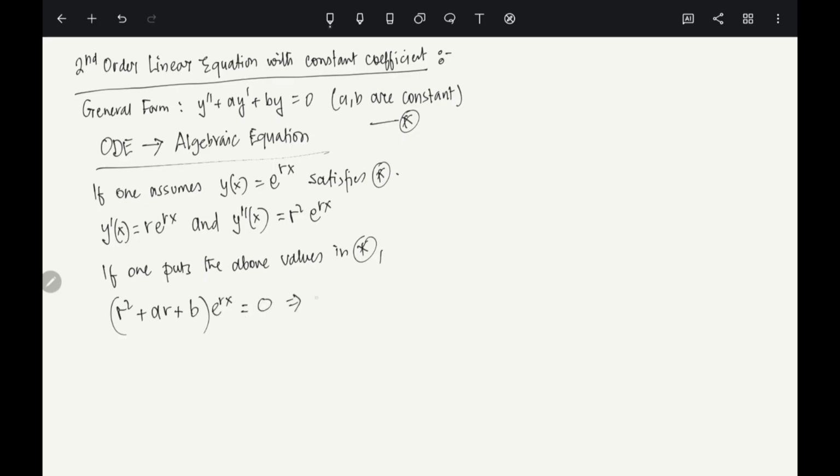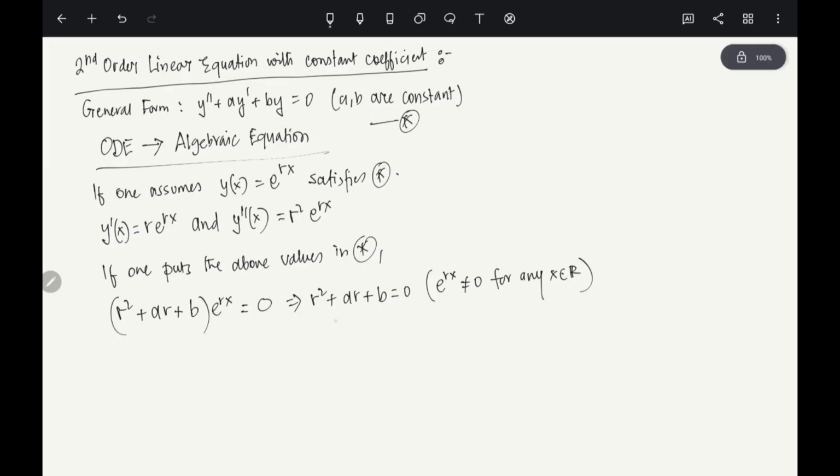What does that imply? That implies r square plus a r plus b equals 0. Why? Because e power r x is never going to be 0 for any x in R.